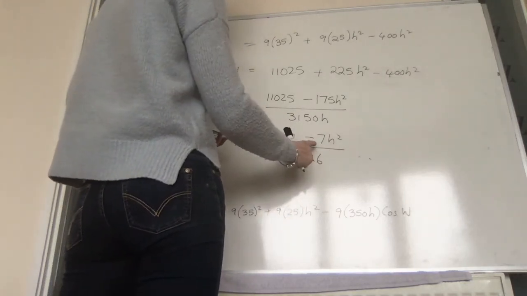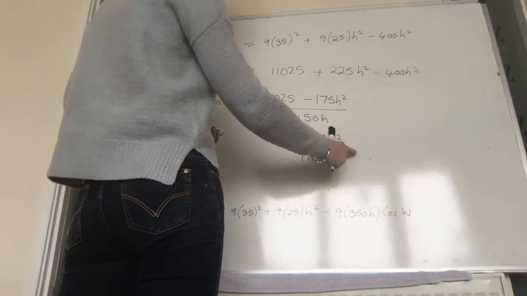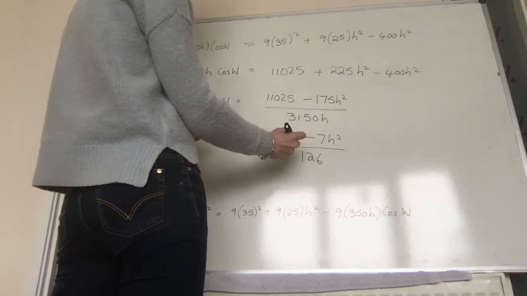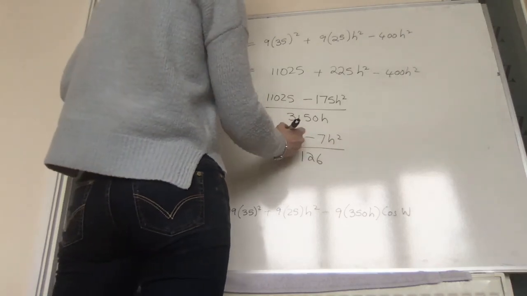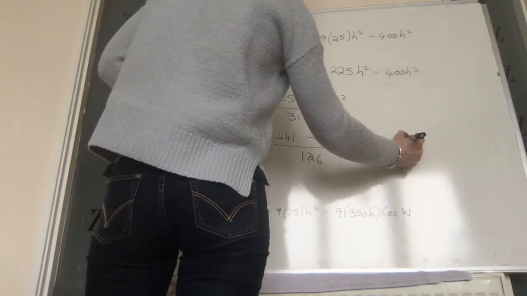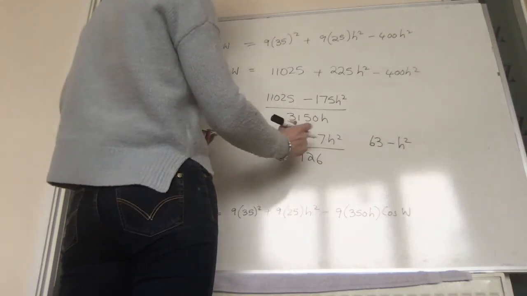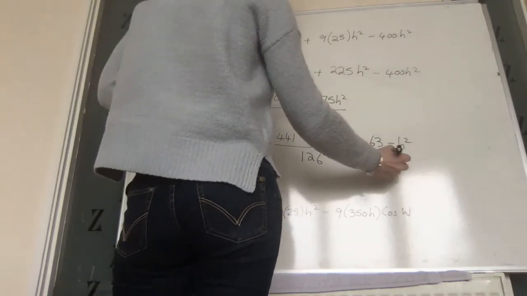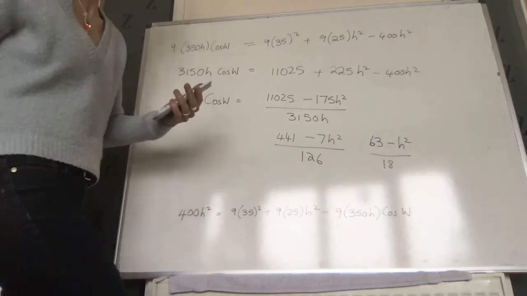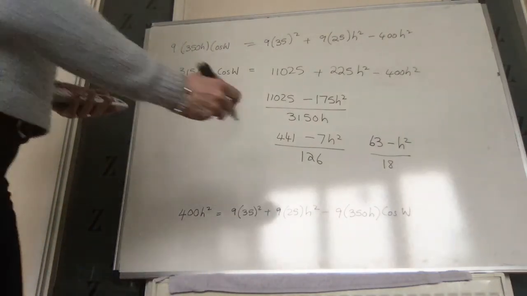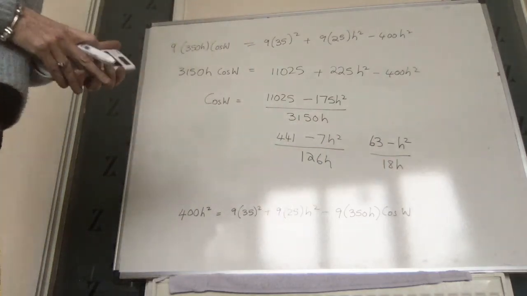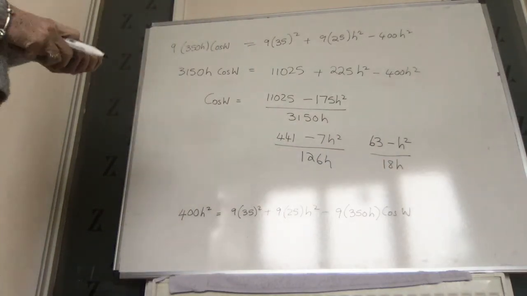Now, does 7 go into all of that? It must do, I think, because of the way they want us to express the answer. So 7 goes in, yes it does. So 7 into 441 goes 63 times, minus h squared. So I'm dividing 7 into the top and 7 into the bottom. That's 18. Okay, is that the way they wanted it written? Oh, there's an h there, not that h, that h. So 63 minus h squared over 18h, that's fine.